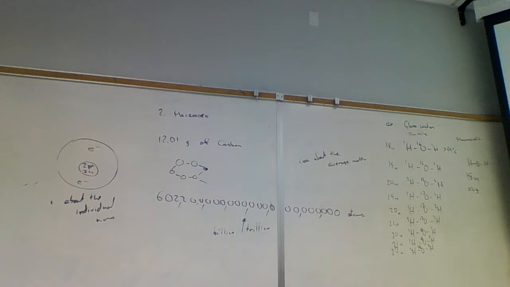Now, if we're at 100% carbon-13, then all the carbon atoms weigh 13U. What if we're at 50-50? Let's say we're at 50% carbon-12, 50% carbon-13. If we're at 50-50, how much does it weigh? What's the average? 12.5. And so what we see is a linear relationship here.